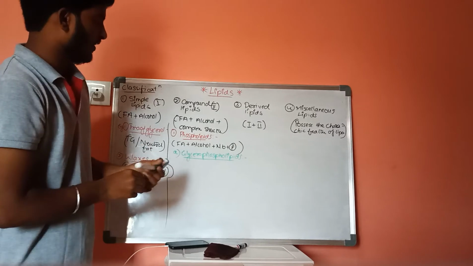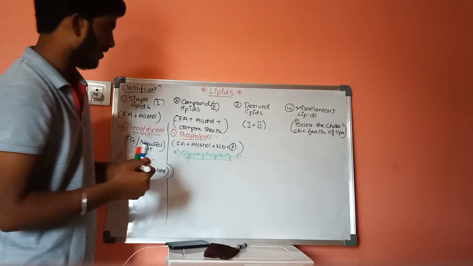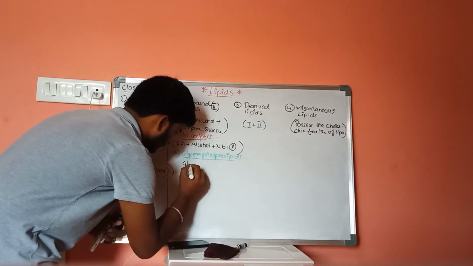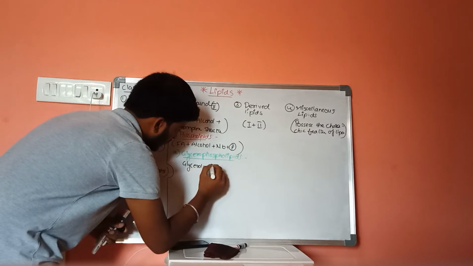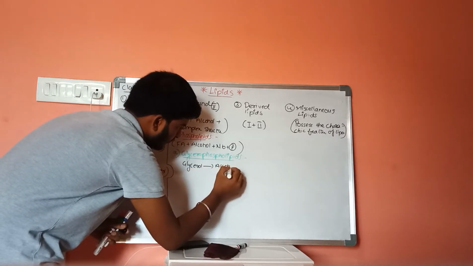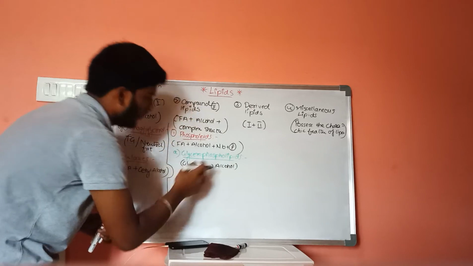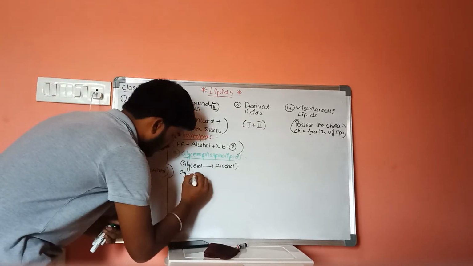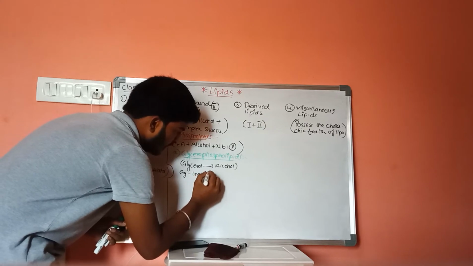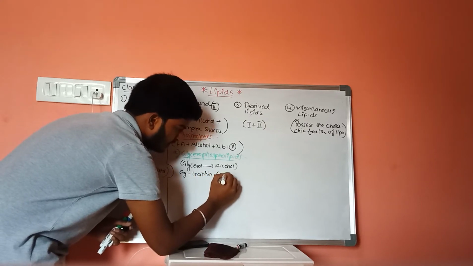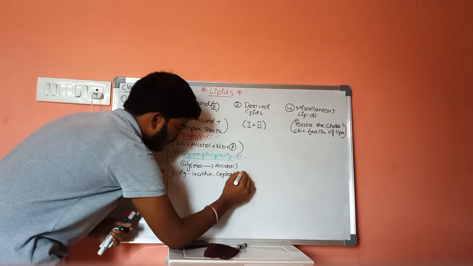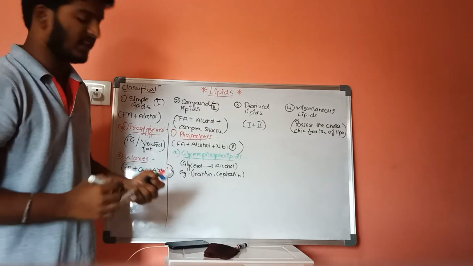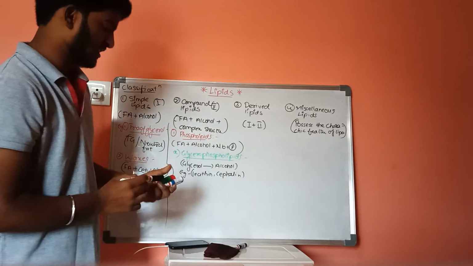Here, glycerol acts as the alcohol. Examples: lecithin and cephalin. These are the examples of the first type, glycerophospholipids.